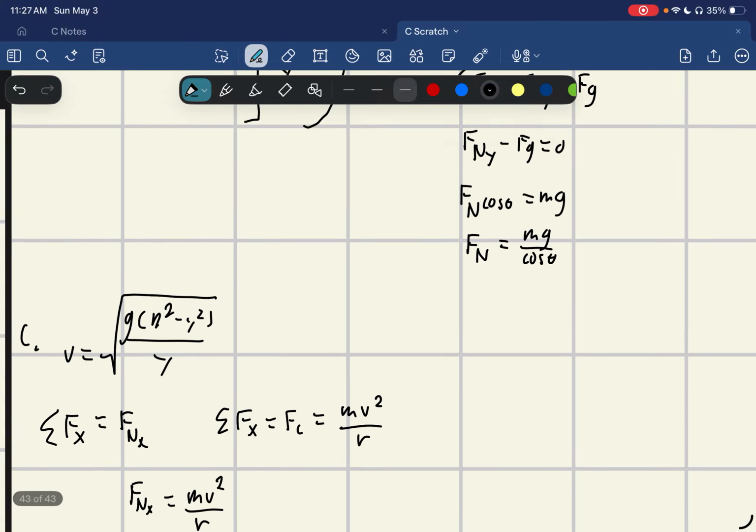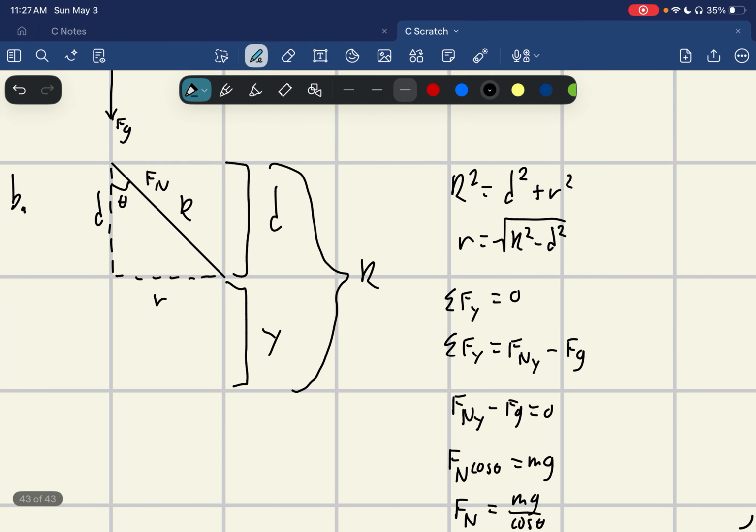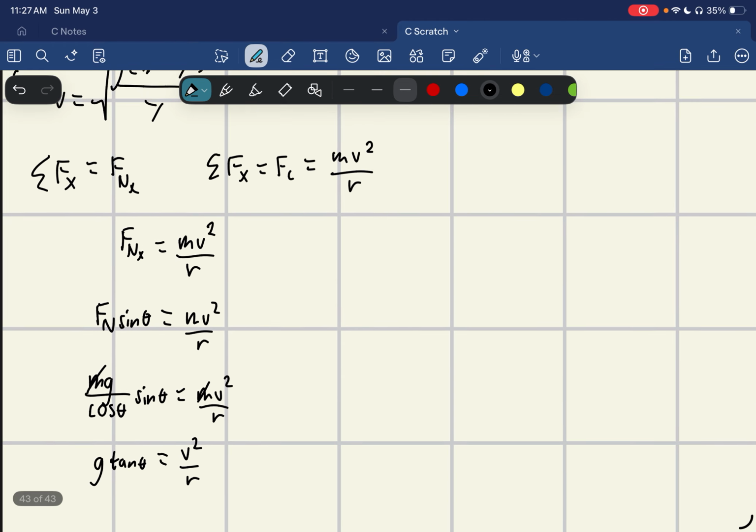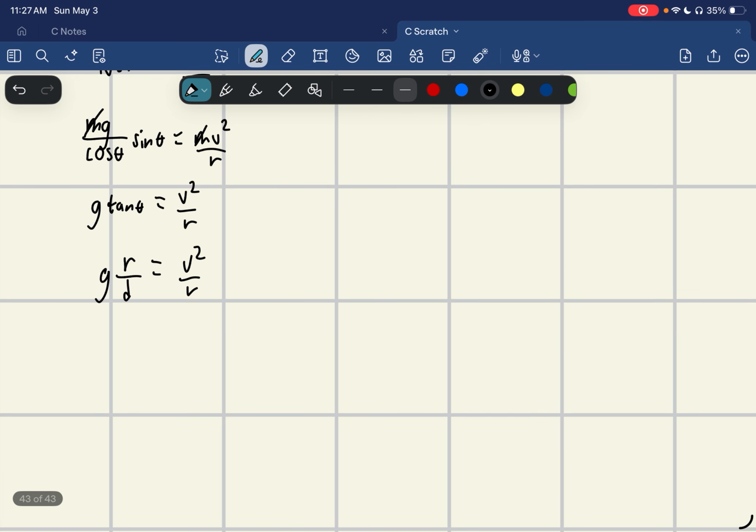And then here, we know that since the angle is here, your tangent would be opposite over adjacent, which is r over d. So we replace tangent theta with little r over d, giving g times little r over d is equal to v squared over little r. And then we isolate for v, so g little r squared over d is equal to v squared.